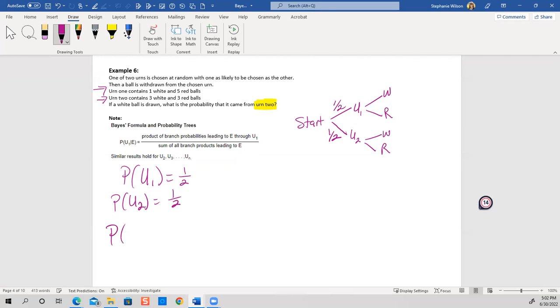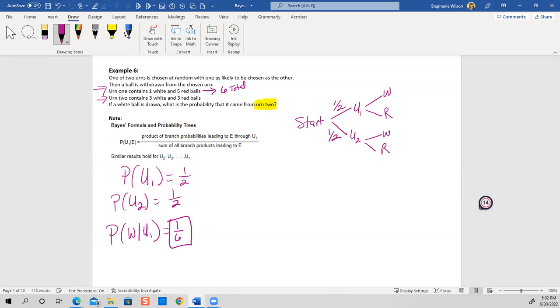our probability of the white in urn 1. Well, if you look here, we have 1 white plus 5 reds. That's a total of 6 in that urn. And there's only 1 white, so I have 1/6.